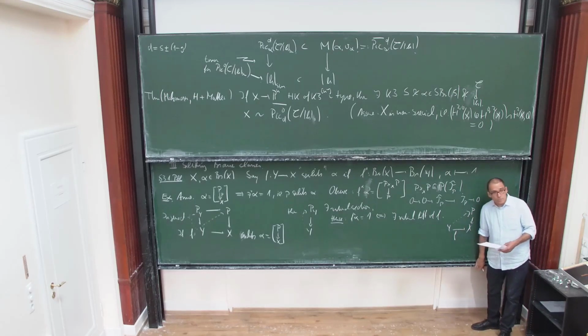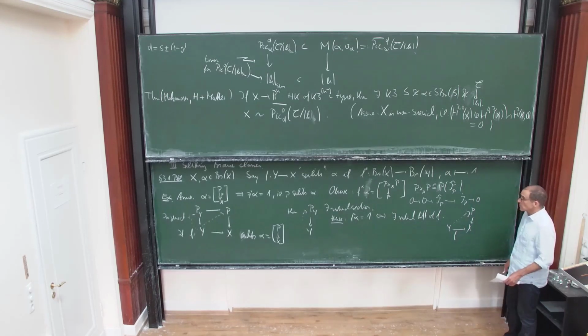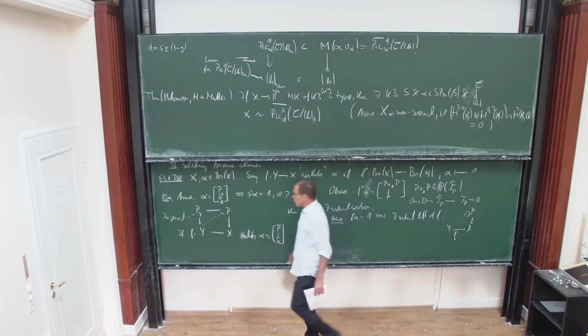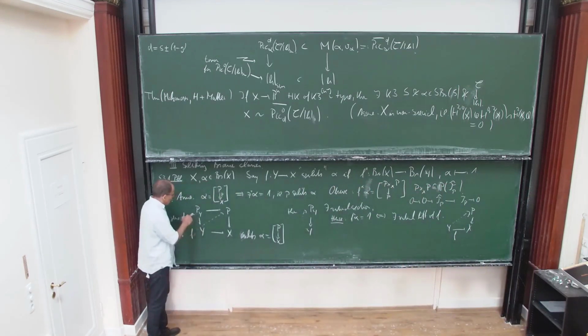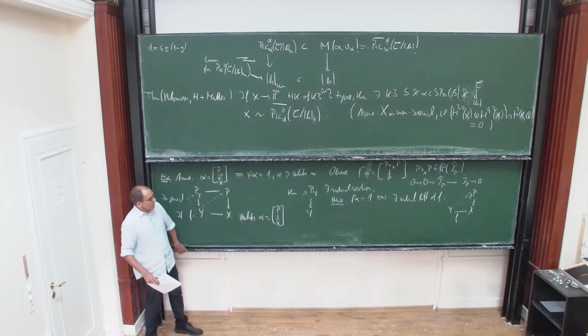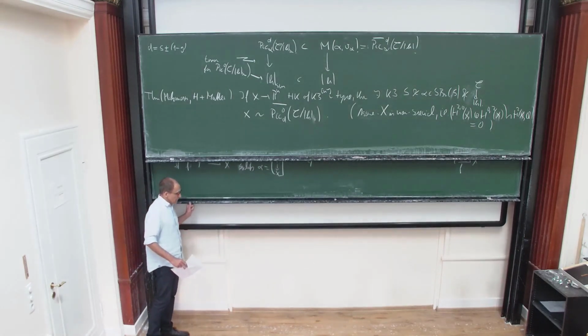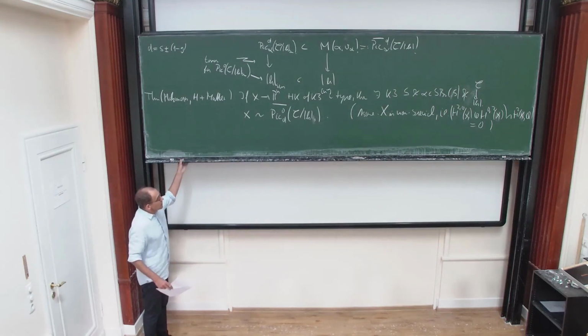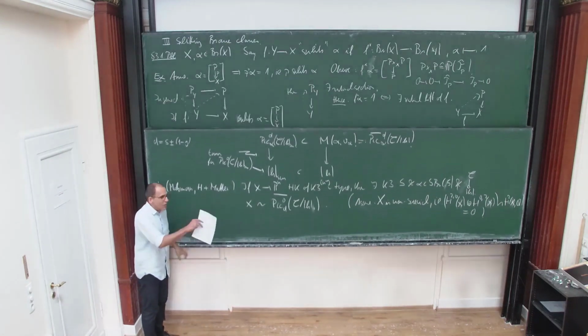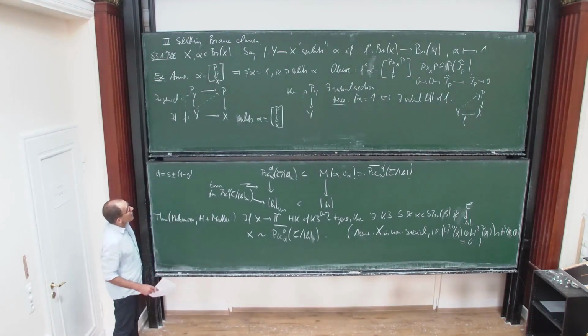Does it use smoothness of Y as before? No, this smoothness was only when I wanted to close this thing over an open set. Yeah. True.